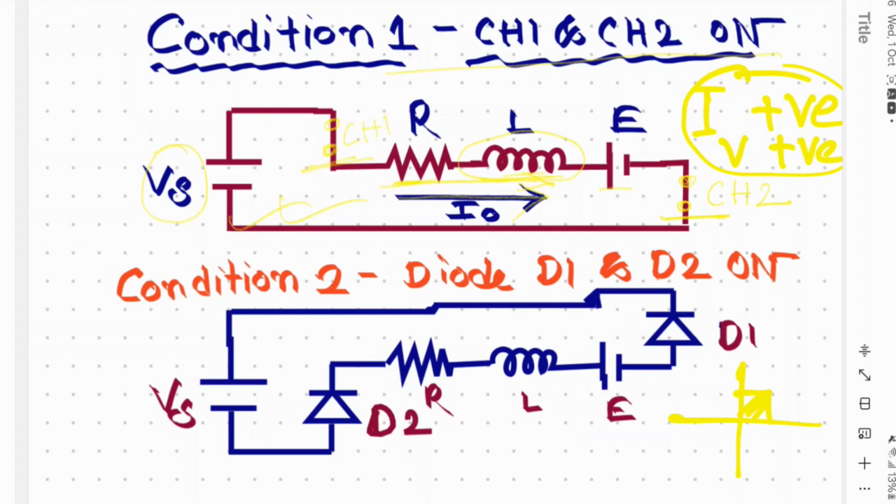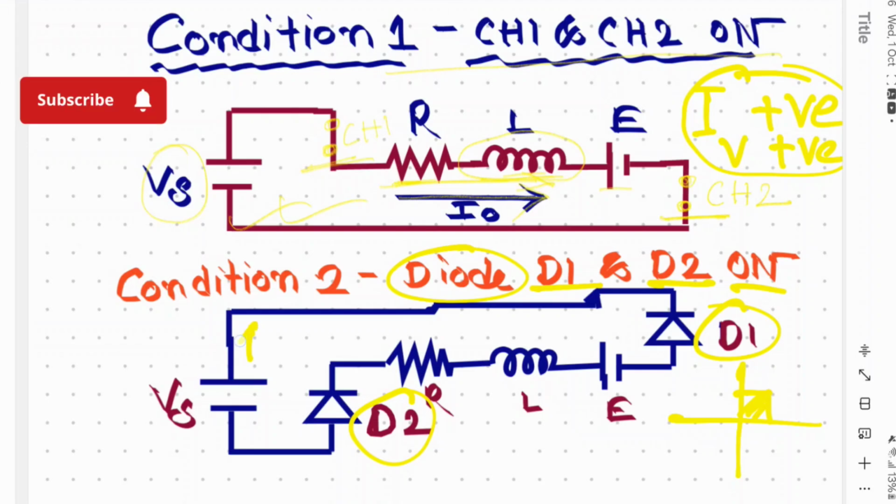Now if we see condition 2, where diode D1 and D2 are on, if we draw the circuit, this will be the circuit where we have connected diode D1 and D2. In this condition, current will flow in this direction.